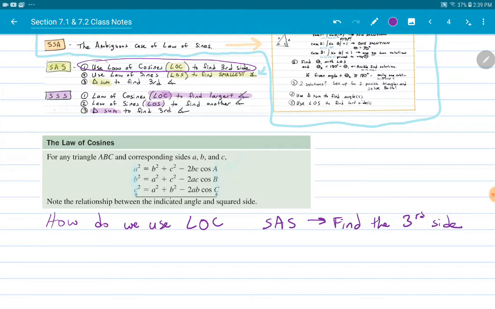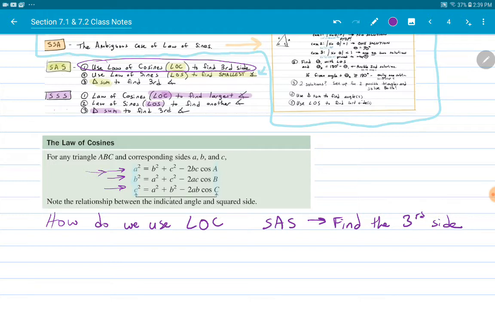That means I want to choose the form that has the side in front. I don't want the side to be stuck inside that equation, because it's also going to be stuck in here and I'm not going to be able to solve for it. So to solve for that third side, I need to choose the form that has the side as the lead.